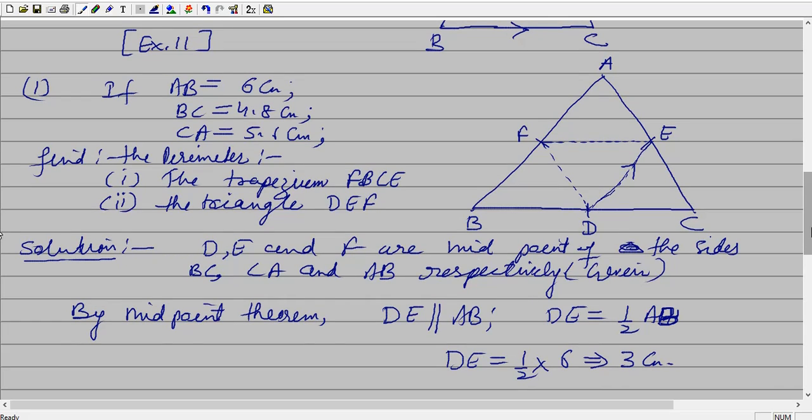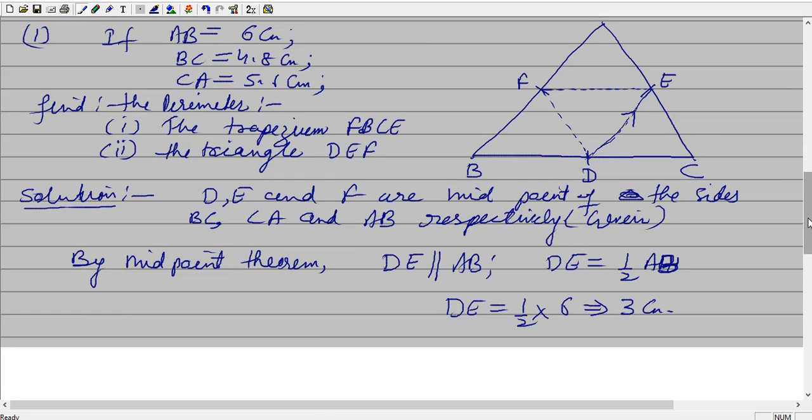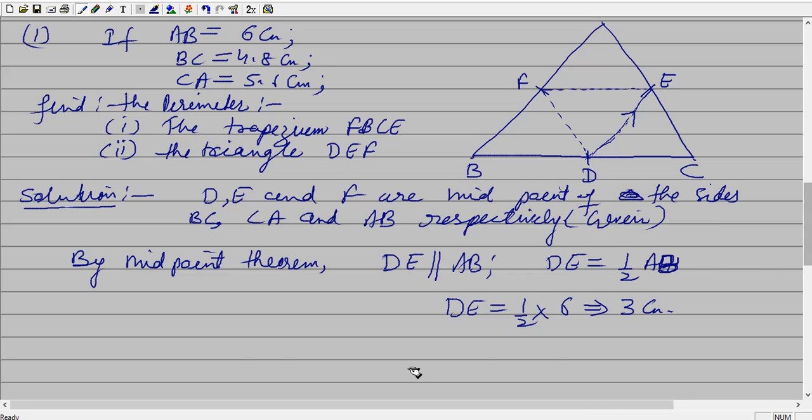Again say, EF is parallel to BC, and EF is half of BC. Now half of BC, which is given as 4.8, so you can say 2.4 centimeter.